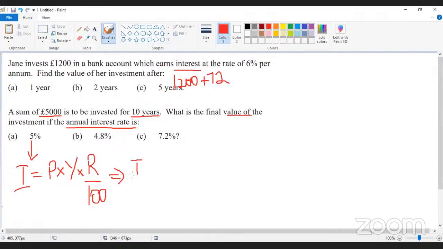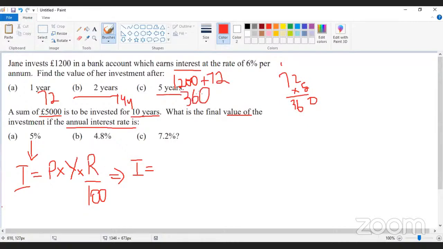Are you not doing the first one for B as well? Okay. For B, this would be 72 into 2, that is 144. For 1 year, 72. For 2 years, 144. For 5 years, it is 72 into 5, that is 360.